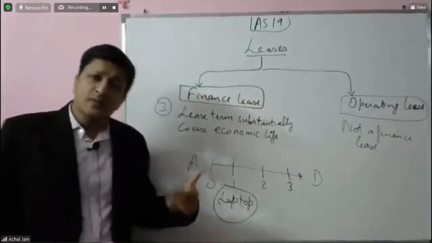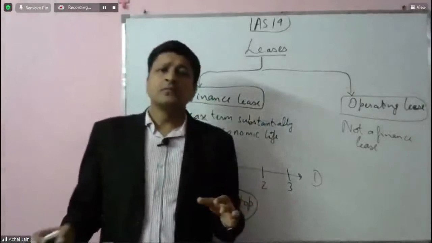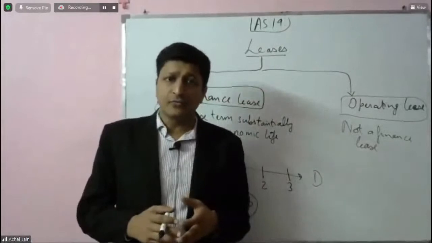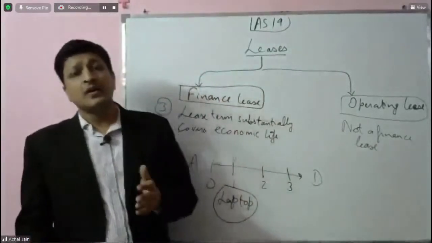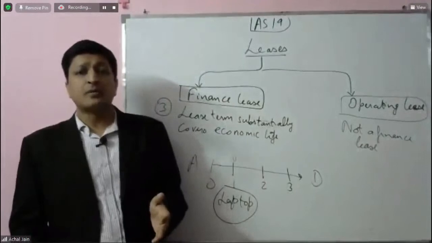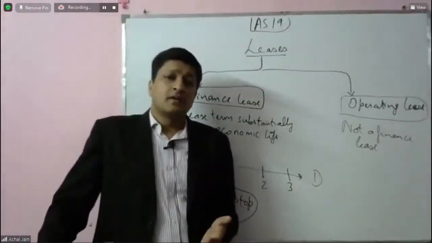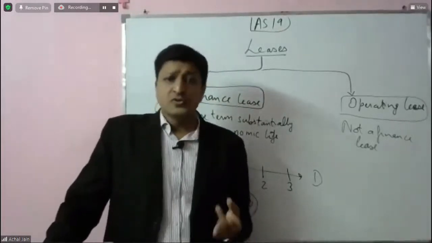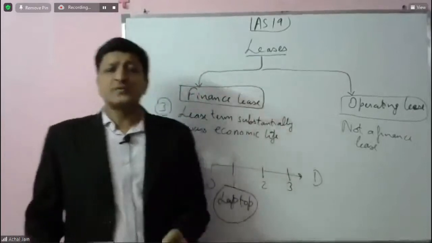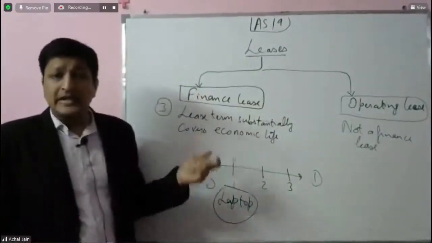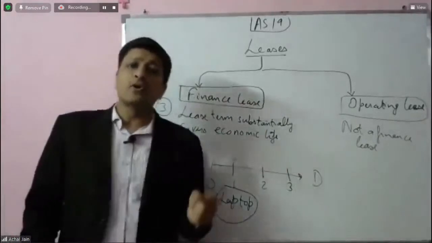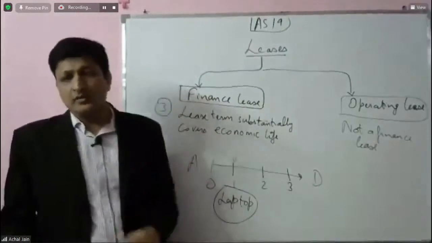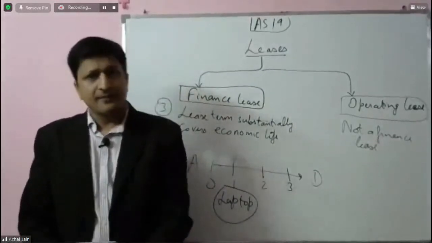And the lease term is also for 3 years. So what does it mean? It means that over this entire economic life, all the benefits which are attached to the laptop will be availed by whom? Lessee only. So in a way, here again, what seems to be the intent in the arrangement? Intent seems to be the transfer of risks and rewards to the lessee and not to the lessor. Okay, clear?